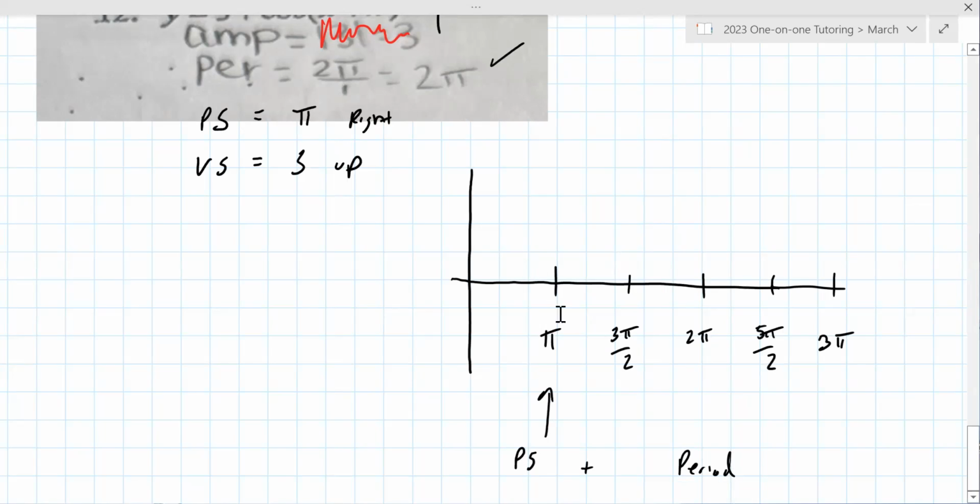It starts high, goes low, comes back up. This one's shifted out. So you pretend this is your new y-axis, your origin, and you graph it this way. It starts, goes down, comes back up, like that. And so this takes into account the shift to the right.